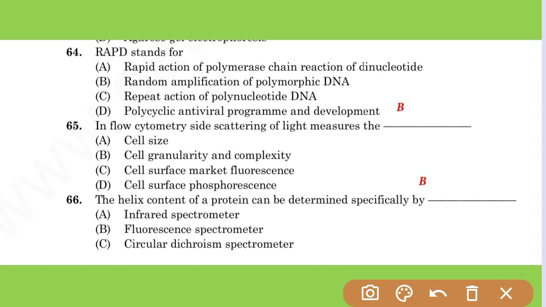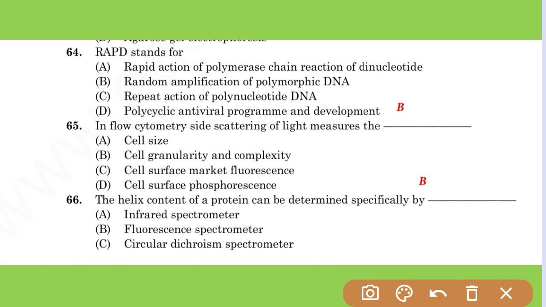The next question, in flow cytometry, side scattering of light measures the cell granularity and complexity. Option B is the answer to this question. Flow cytometry is the technology that rapidly analyzes single cells or particles as they flow past single or multiple lasers while suspended in a buffered salt-based solution.